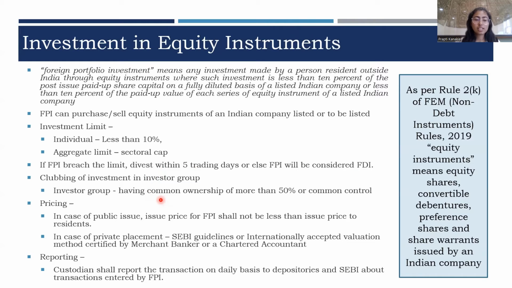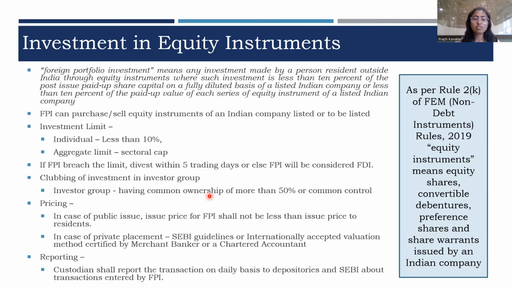There is also the concept of investor group under FEMA regulations and SEBI FPI regulations, wherein investor group is determined on the basis of common ownership or common control. So if the FPIs have common ownership of more than 50% or there is common control, they will be identified as FPIs falling under the same investor group.